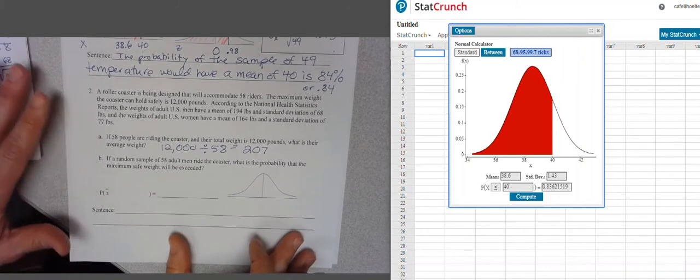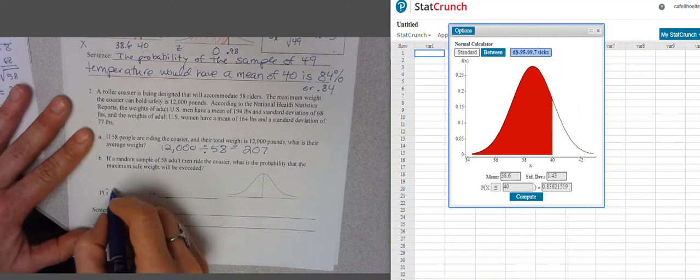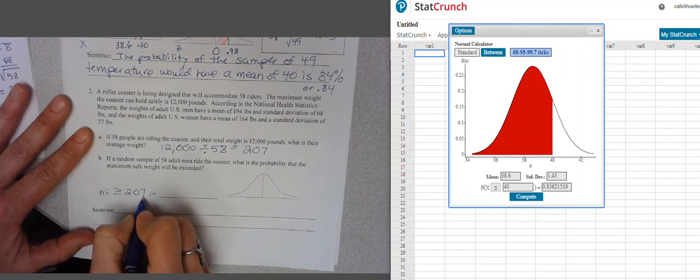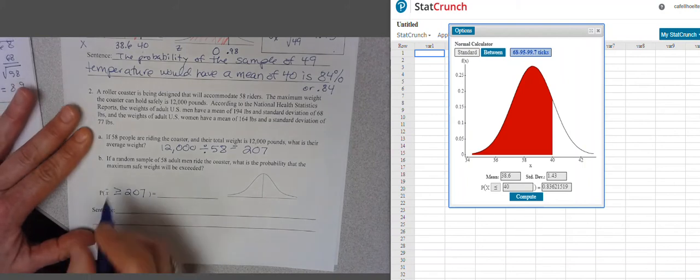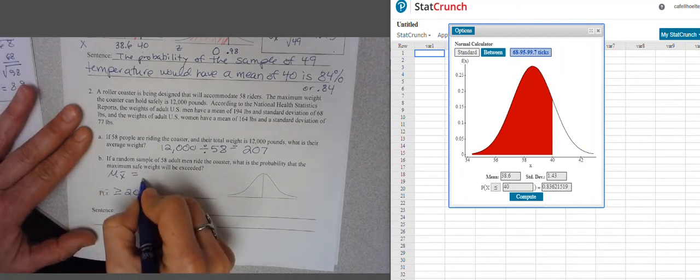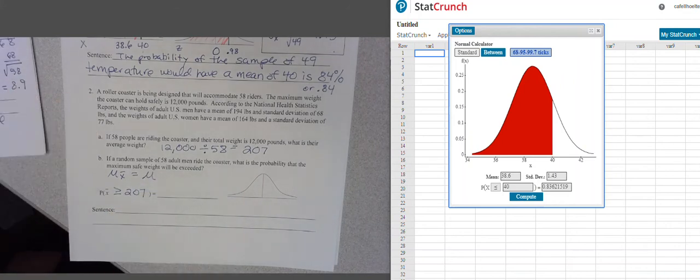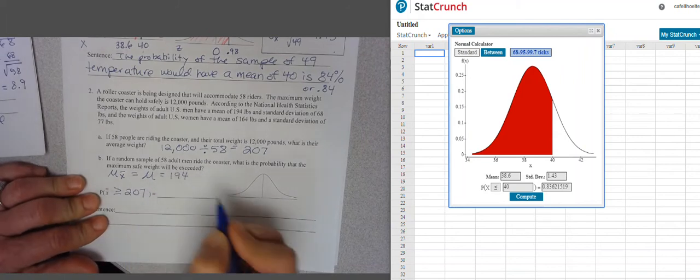So our probability statement is: what's the probability that the mean of our sample is greater than or equal to 207 pounds? By the central limit theorem, we know that the mean of our sample is the same as the mean of the original population, which is 194 pounds.